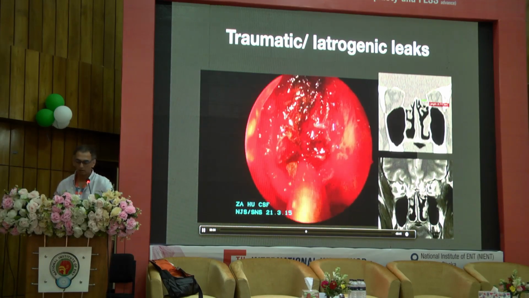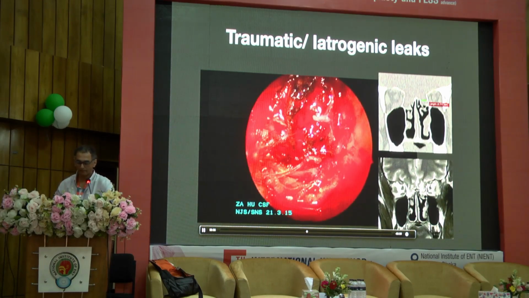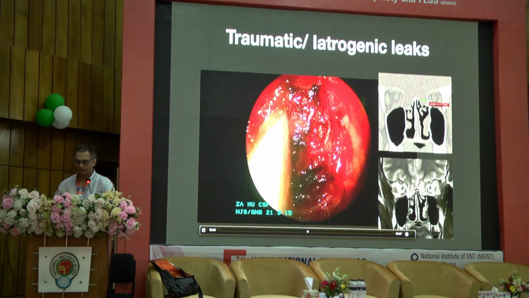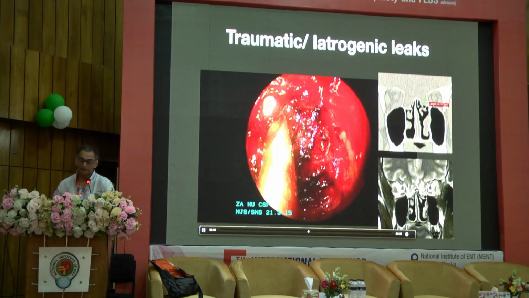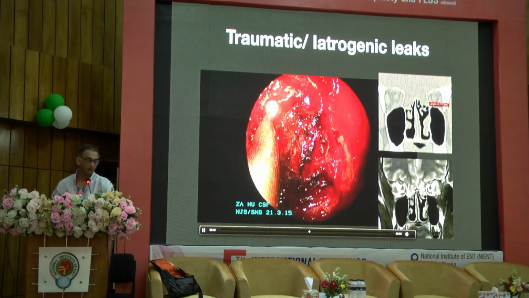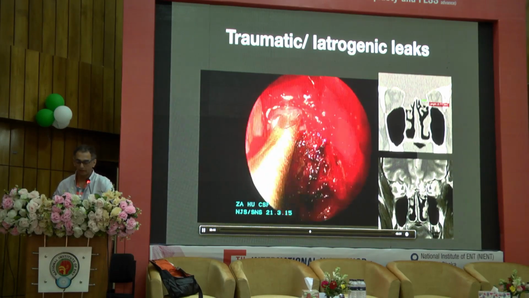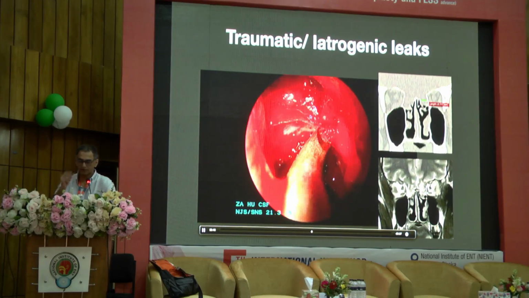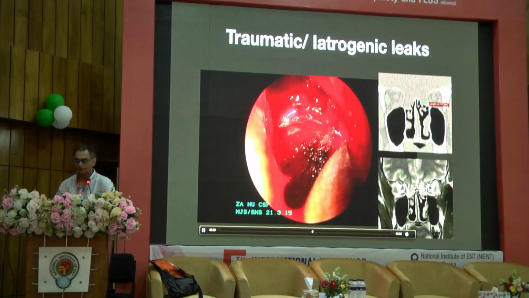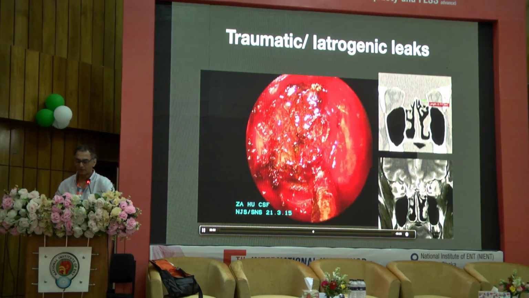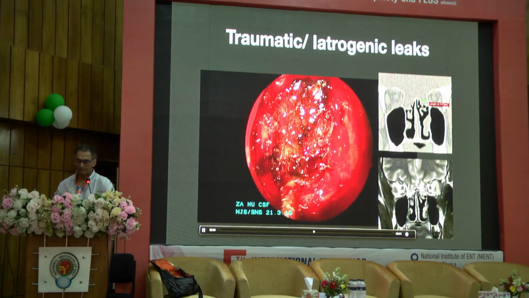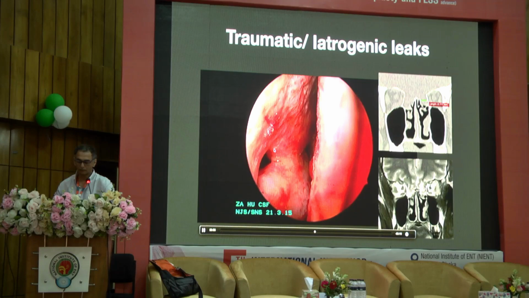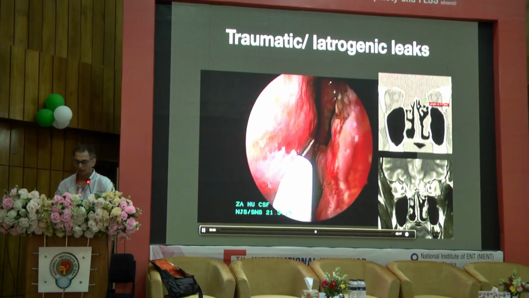Okay, big defect. Now with such a big defect, I want to use a flap. I am not happy doing a free repair. So I think, okay, let's try a flap, because that perforation is a little anterior. Even if it's a smaller flap, let's try a flap and see how it goes. So this is my bed now fully prepared. That's the perforation in the septum. And I start taking what we call a Haddad flap.